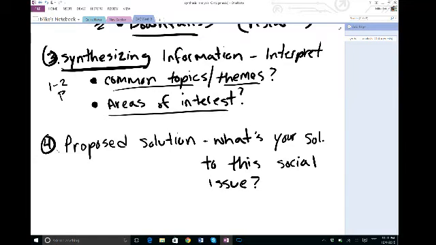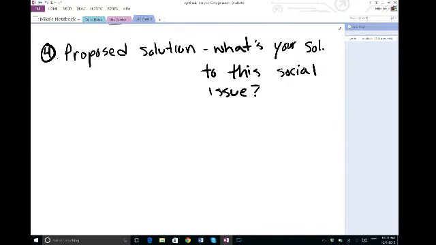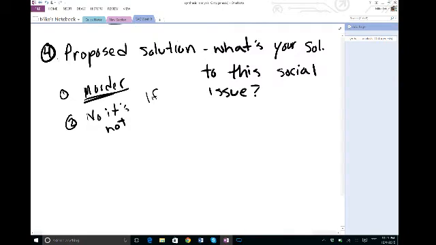For instance, let's say you were doing abortion, and one side says, no, it's murder, and the other side says, no, it's not. Whenever you start to synthesize all that information, murder might even actually be one of your common topics or your area of interest. Another area of interest might be life definition. What does it mean to be defining life?